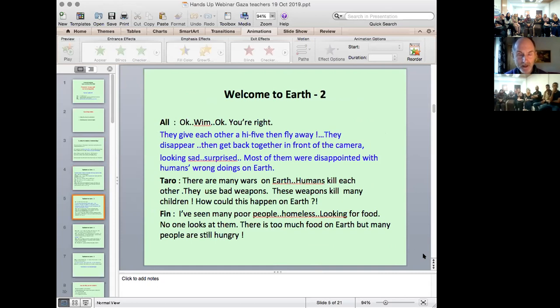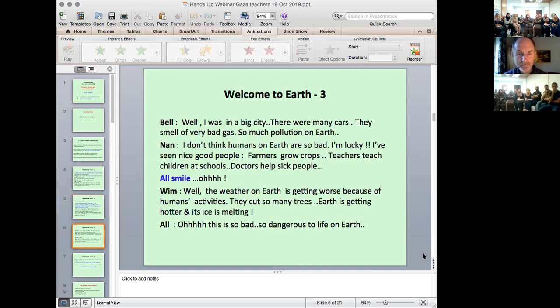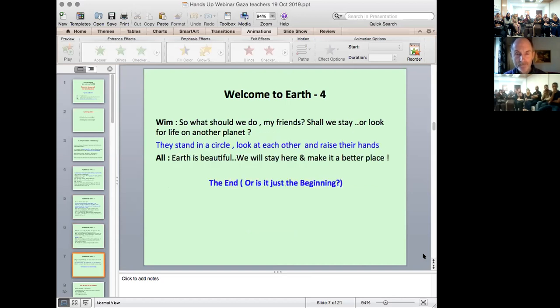Here's the second page of the dialogue. The blue is just the stage instructions, not the dialogue. Here's the third page. And the 4th page, which is the final one.